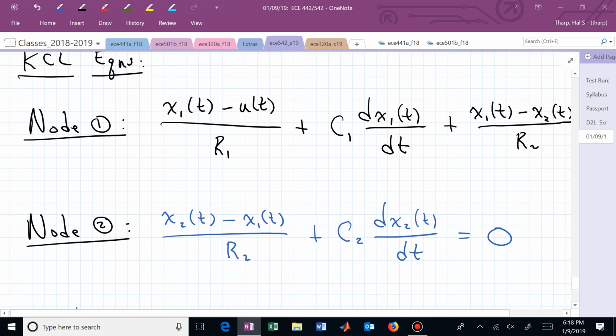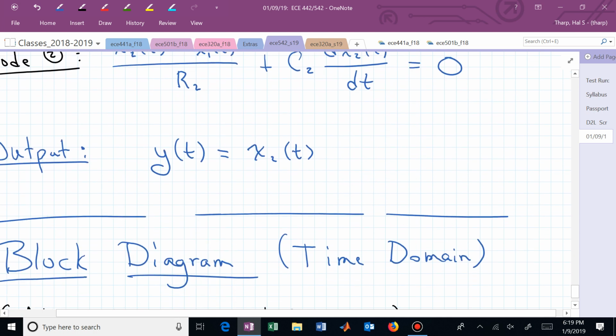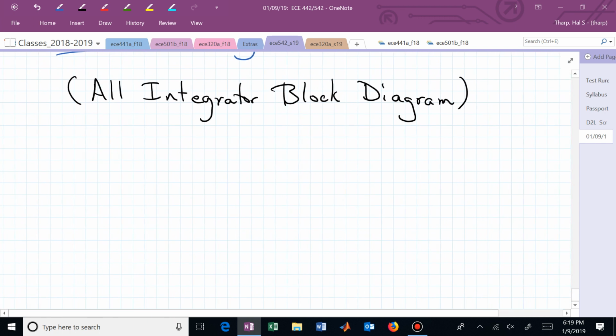How many integrators do you think we're going to have in that system, in that block diagram? We're going to have two since it's second order, and we have two first order differentials. We have a dx1 and a dx2. If we integrate those, we're going to end up with x1 and x2, and that's really what we want to keep track of.